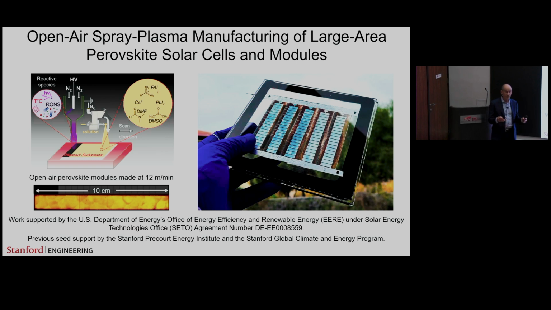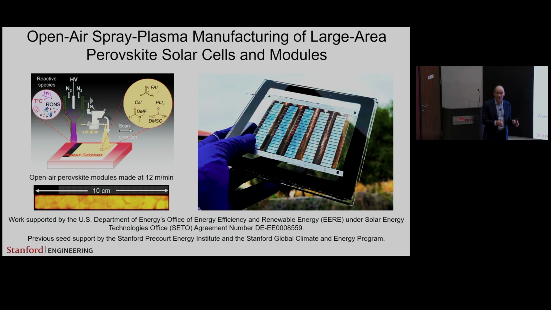And by open air, I don't mean in a controlled inert environment. I mean in actual open air. Of course, you have to control for particulates because we're making very thin films. But other than that, it's really devices that are made in California open air.